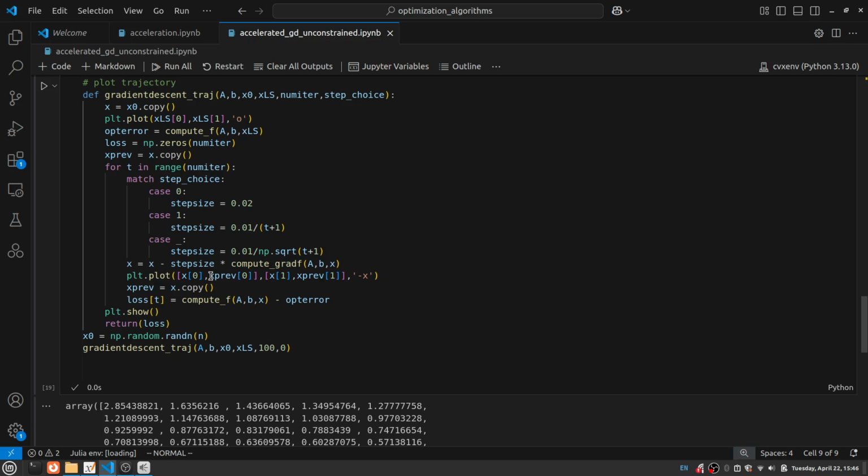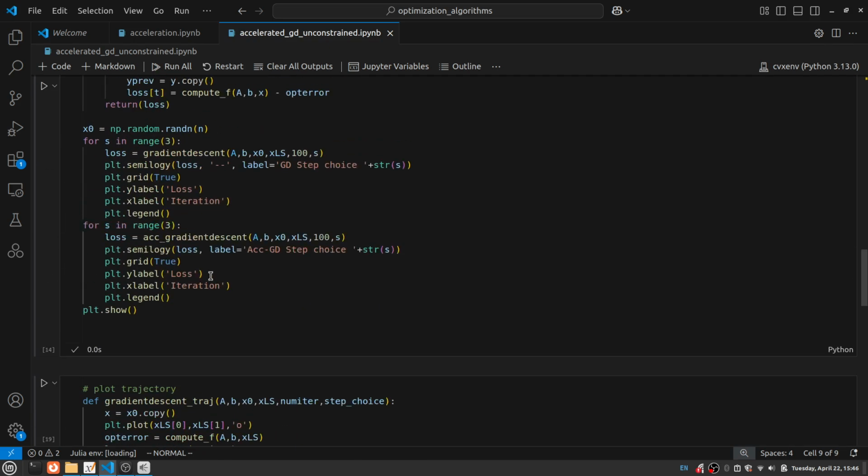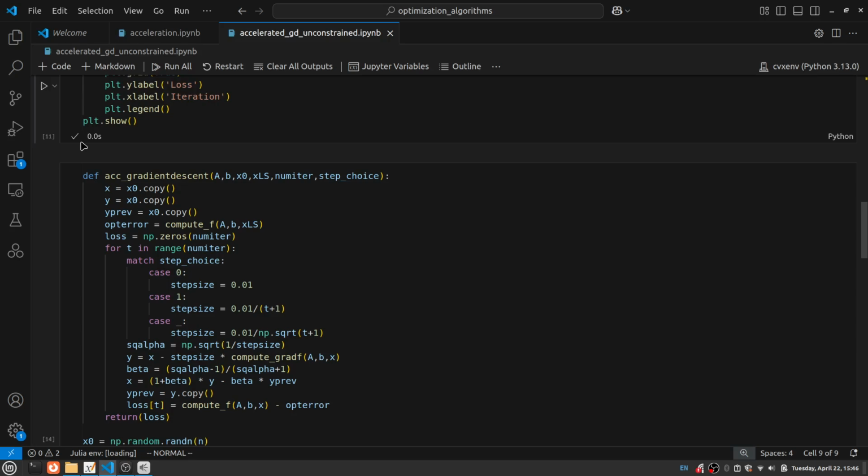But now let me also plot the trajectory of accelerated gradient descent.